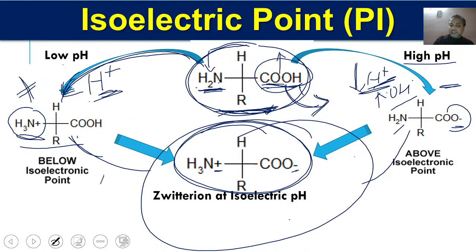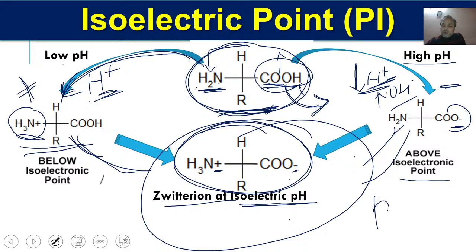That particular pH, between the acidic pH and alkaline pH, where the zwitterion exists, is called the isoelectric pH. That particular pH we call the isoelectric point or isoelectric pH. In short form we denote it as pI.